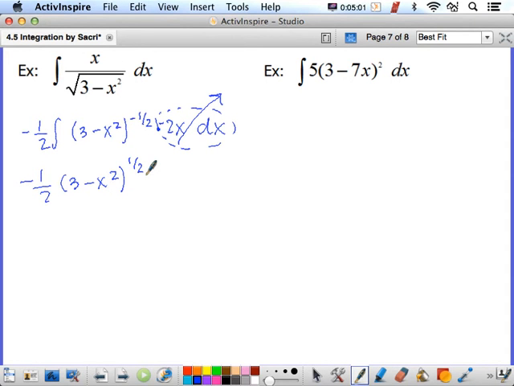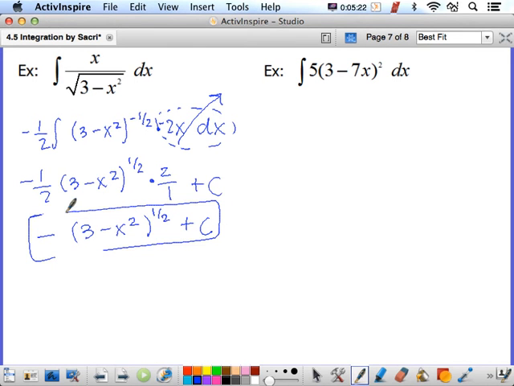Add 1 to the power, divide by the new power, which is the same as multiplying by 2 over 1. So the negative 1/2 and the 2 over 1, oh look, they end up doing what? Negative one. They cancel. So we really have just a negative 1, 3 minus x squared to the 1/2 plus c. Or you can change it to radical form if you so choose.